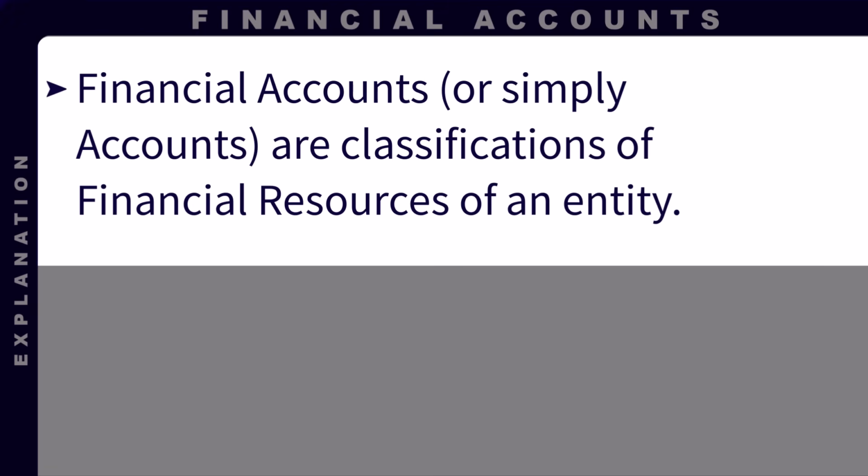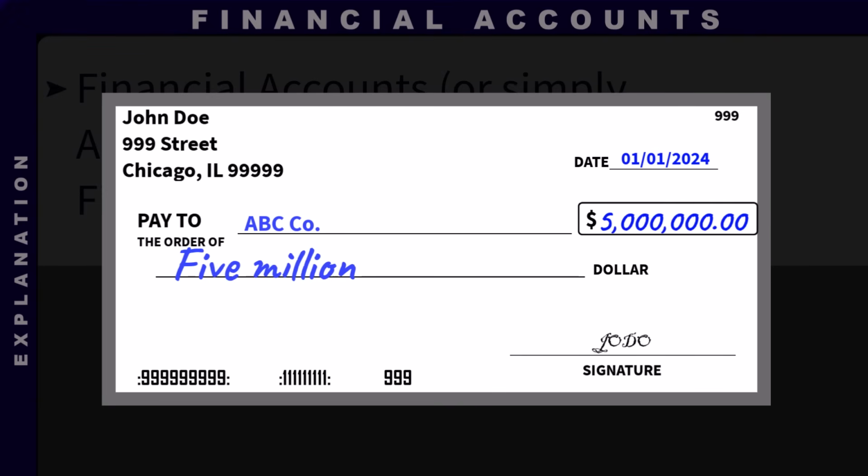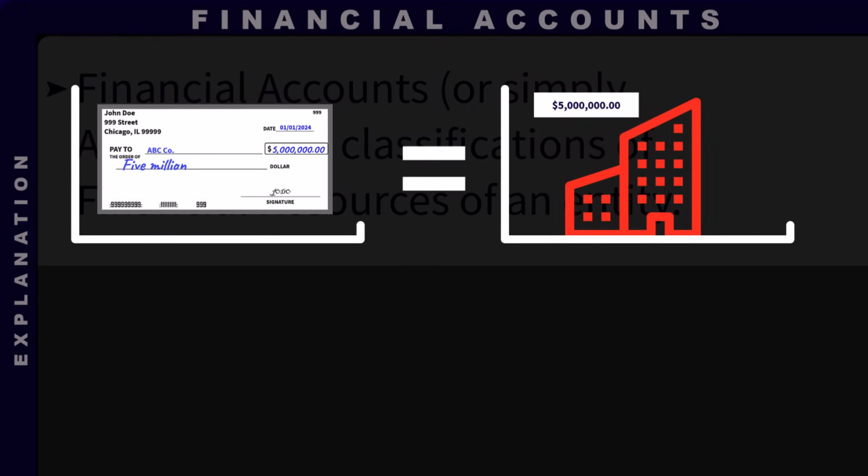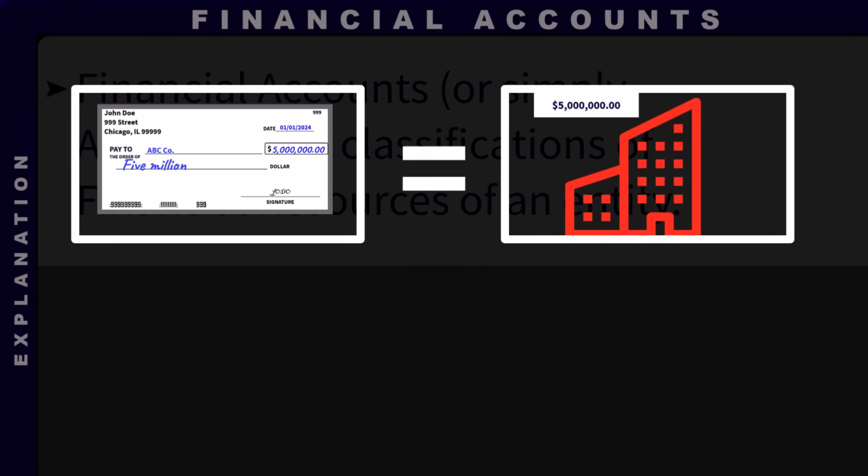whom. Another reason requiring classifications of financial resources is the identity of the resources themselves. For example, $5 million cash and a building worth $5 million seem to have equal values in monetary terms, right? But they have different identities. One is cash and the other is building.